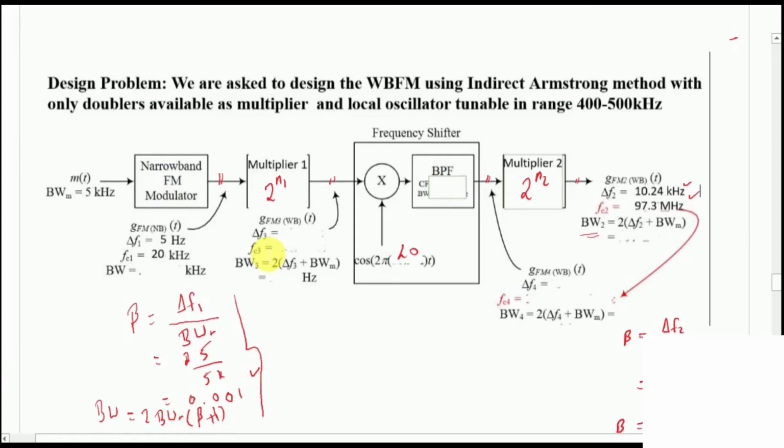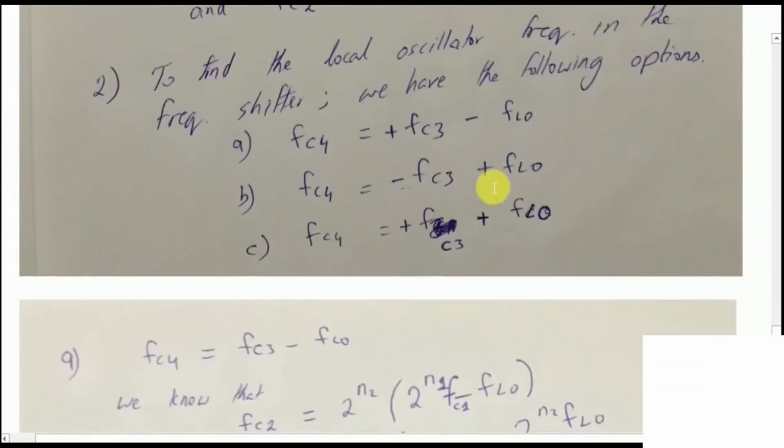And the third option is FC3 plus FLO, right? So FC3 minus FLO, FLO minus FC3, and FC3 plus FLO. These are the three options that we can consider in designing the local oscillator. These are mentioned over here, and we would look into each of these next, right?